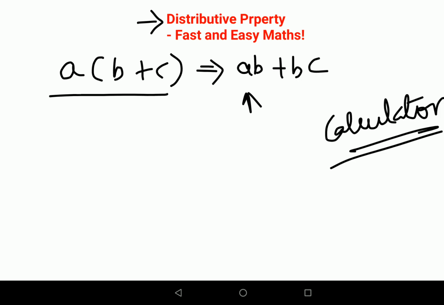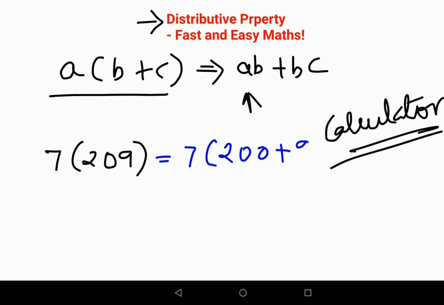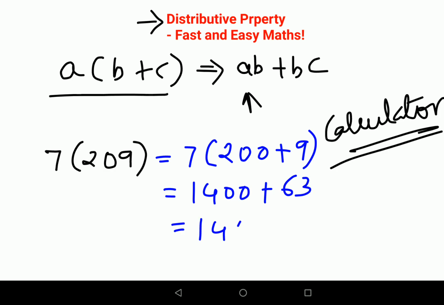Now see, if I had to multiply 7 into 209, using this distributive property I can write this as 7 into 200 plus 9. This becomes 7 into 200 gets you 1400, plus 7 into 9 gets you 63. So this becomes 1463.